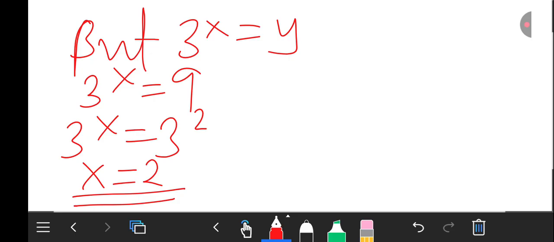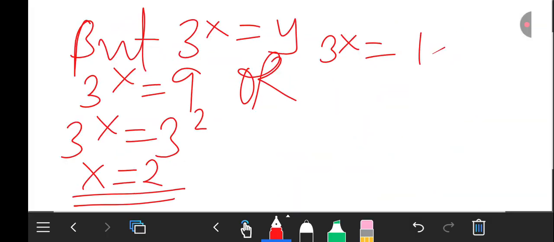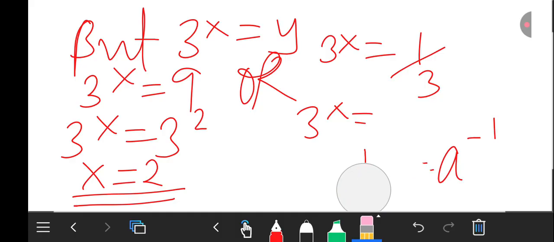The second solution, we're going to say 3 to the power x is equal to, we found to be 1 over 3? Yes, 1 over 3. Okay, so you can manipulate 1 over 3. We once said that when you have 1 over a, this is the same as saying a to the power negative 1. So let's apply that knowledge here.